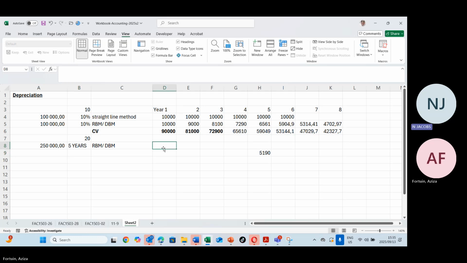Now write it out exactly like I am. Year 1, year 2, write it out here. Then you write the depreciation and then you write the carrying value. Then you can't go wrong. Okay, I'm going to do that quickly. Now I want you to do it up till year 3. Don't give me the answer for year 1. Do year 1, 2, and 3 together.